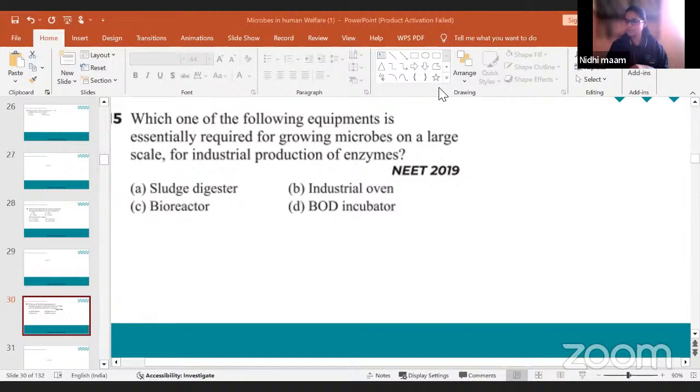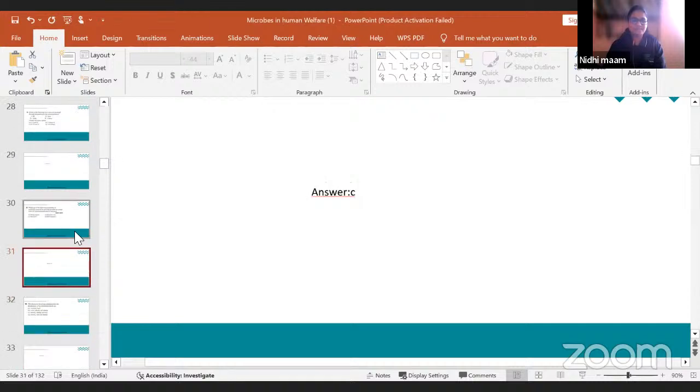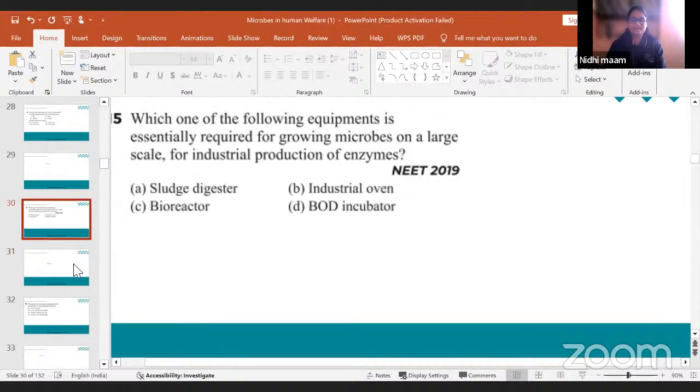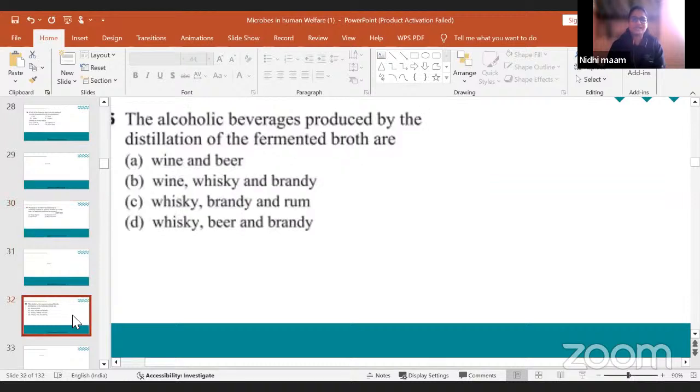Yes, my dear YouTube students, Varsha Katti answered it as option A. Lakshmi Horkeri, option C. Ranjita, Jyoti, Yashas, Aishu, Pavan. So the confusion is between B and C. Let us check the answer here. The right answer is option C, bioreactor.